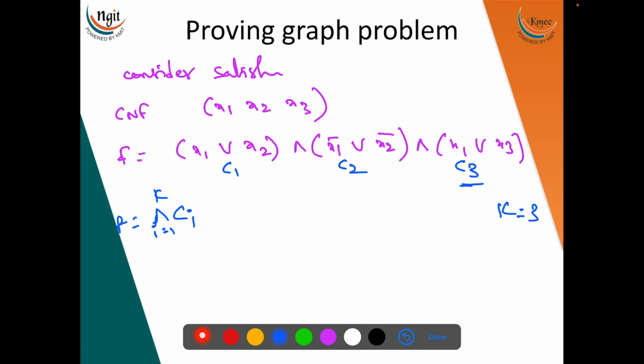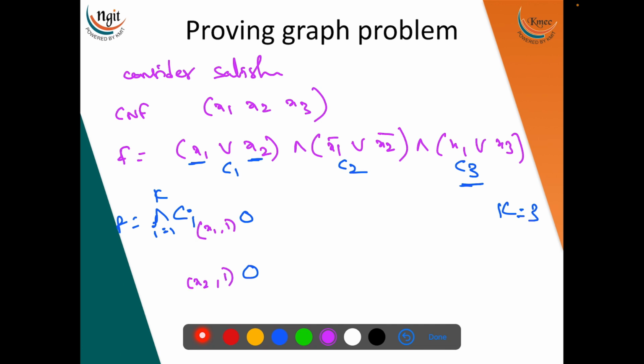Now take these values as vertices. I am taking x1 and x2 as vertices from the first clause. x1 is from the first clause, x2 is also from the first clause.